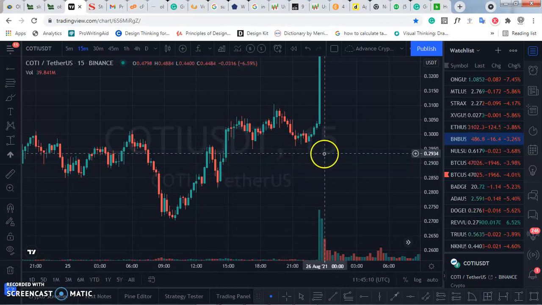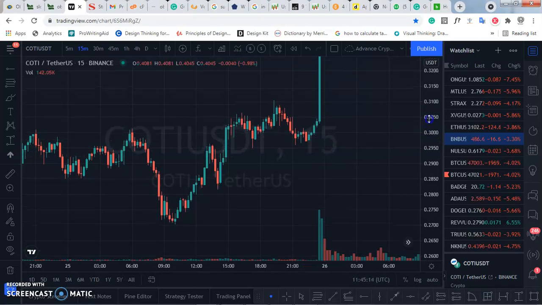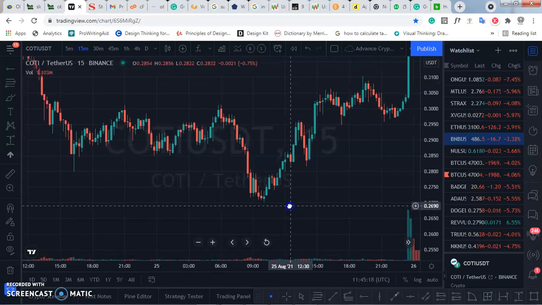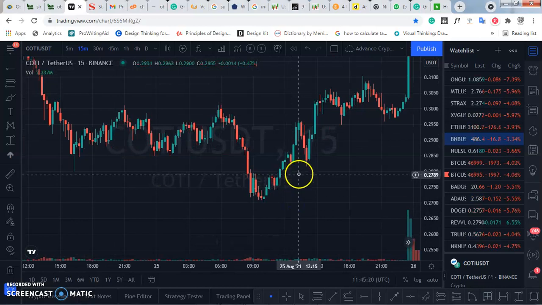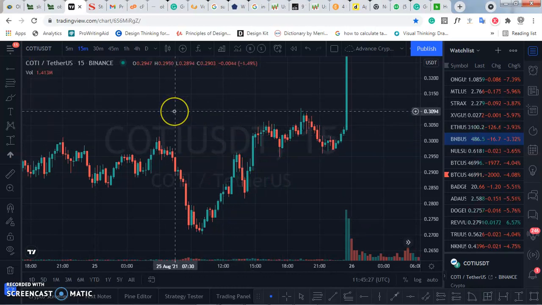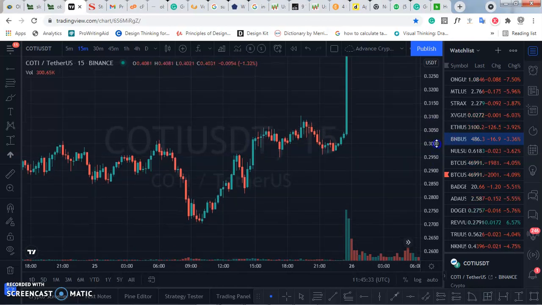The only thing I can see here is a little bit of supply and demand, but it's not that obvious, and that means this pump is not good to be traded.